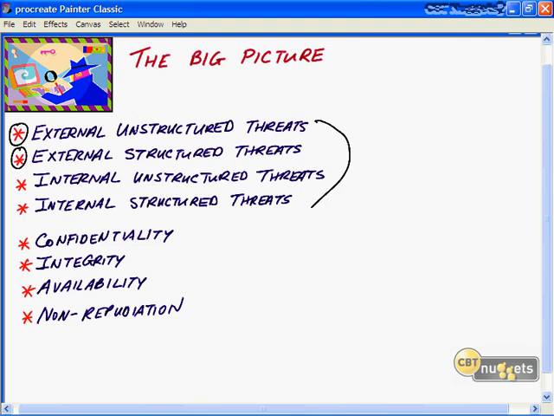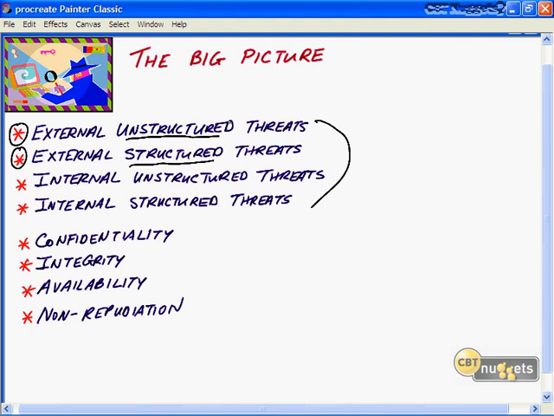Now, these external threats come in 2 categories. You have what are called unstructured threats and structured threats. Unstructured threats are basically curious users, individuals just running curiosity programs to find out what our IP addressing scheme is, accidentally coming upon our web servers, things like that.